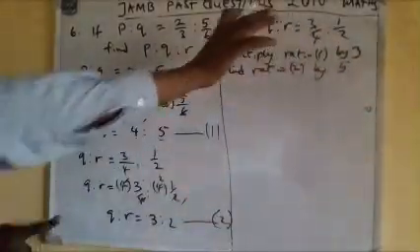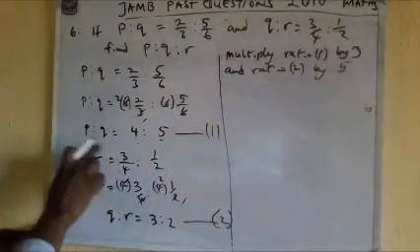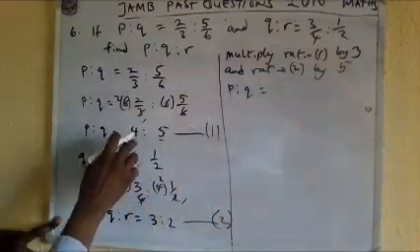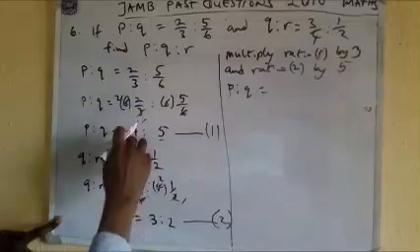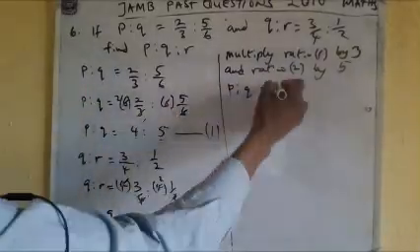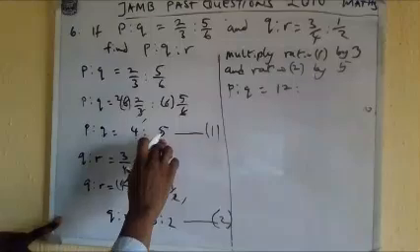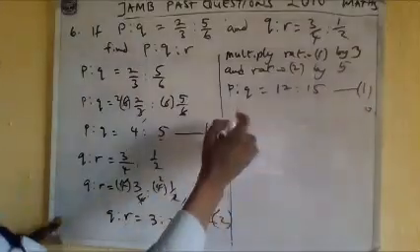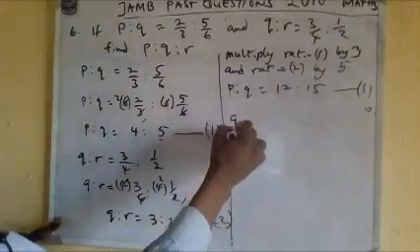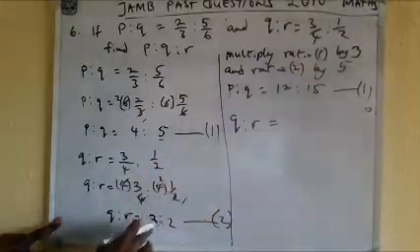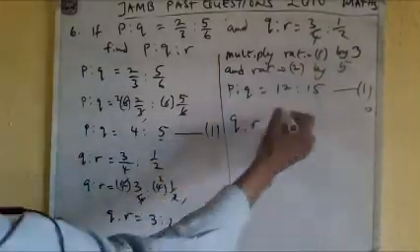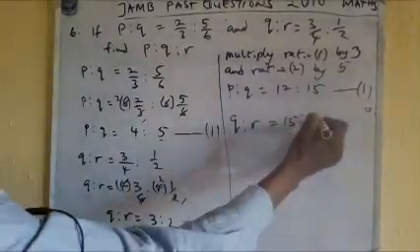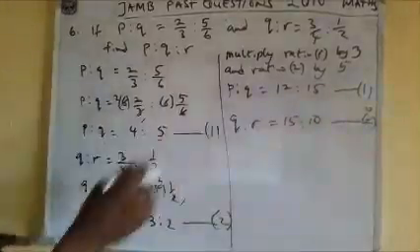Ratio 1: P to Q is 4 times 3, which is 12, to 5 times 3, which is 15. This is ratio 1 transformed. Then Q to R: 3 times 5 is 15 and 2 times 5 is 10. That is ratio 2.